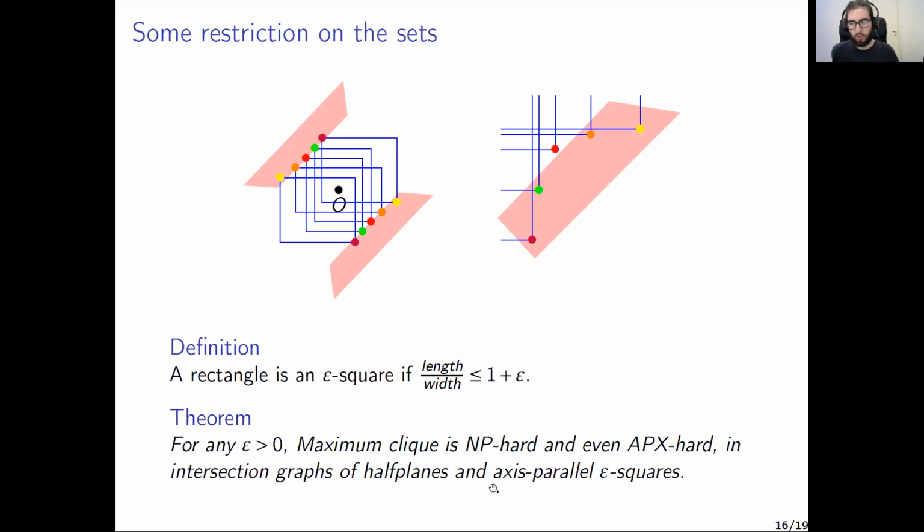And also, we can assume that these axis parallel rectangles are axis parallel epsilon squares for any positive epsilon. Because if you take all the points here to be very close together, and the same above, then you will see that these rectangles we have are actually epsilon squares.